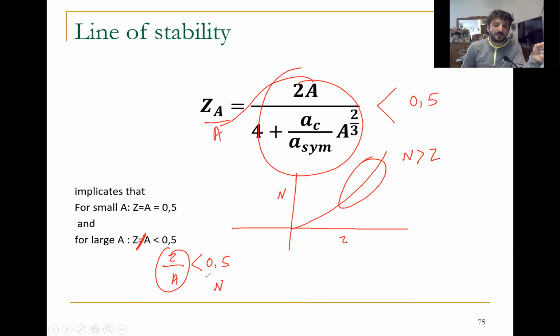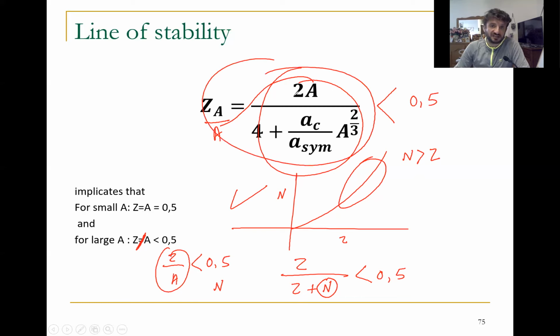So N must be greater than Z. Why? Because Z divided by Z plus N is less than 0.5. So in this case, N must be greater than Z. Anyway, it's an important relation between Z and A. We have to find this relation if I ask you, or you have to know it.